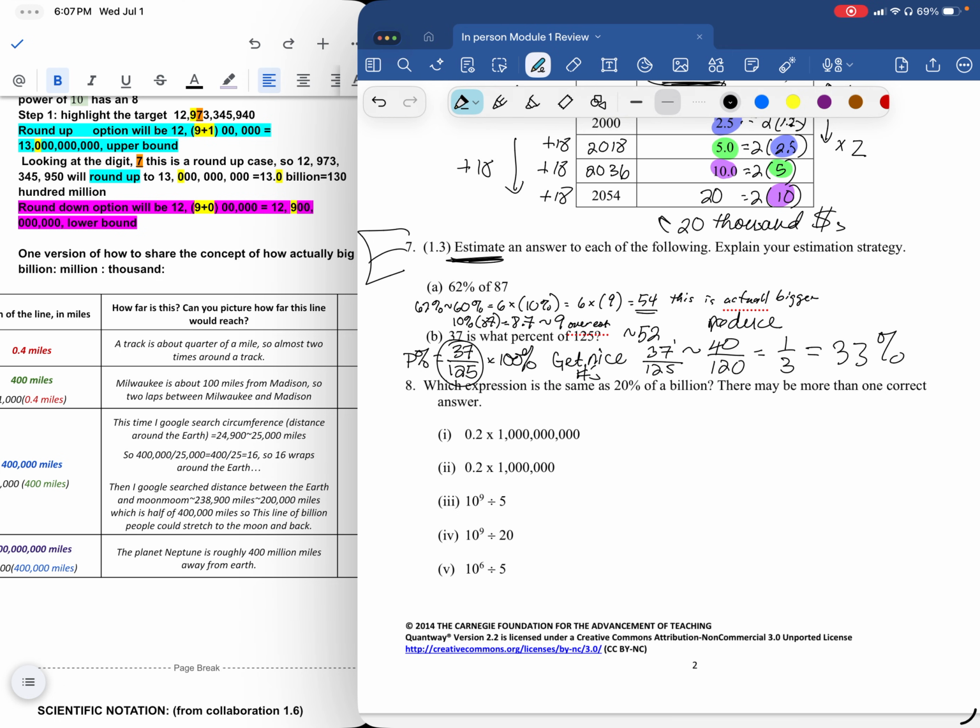Which expression is the same as 20% of a billion? So we have 20% of a billion. So that is 20 over 100 times 1 followed by 9 zeros.